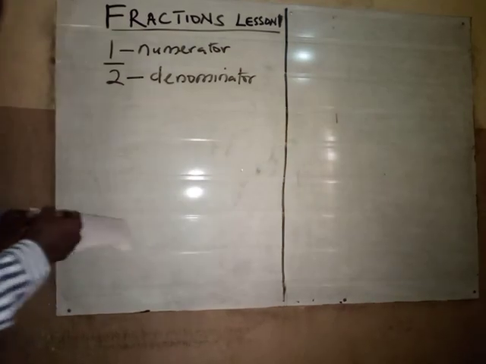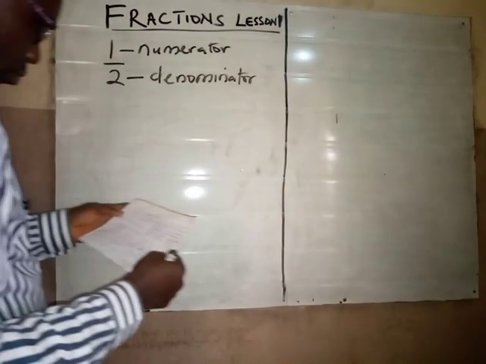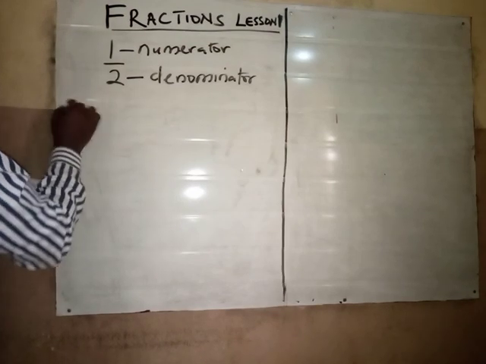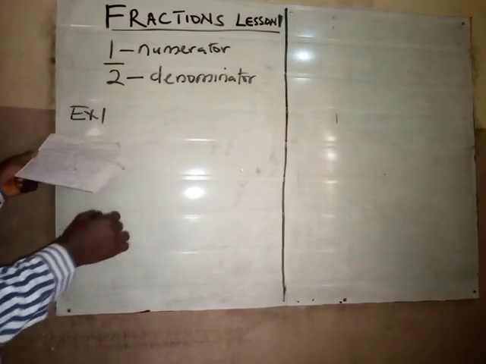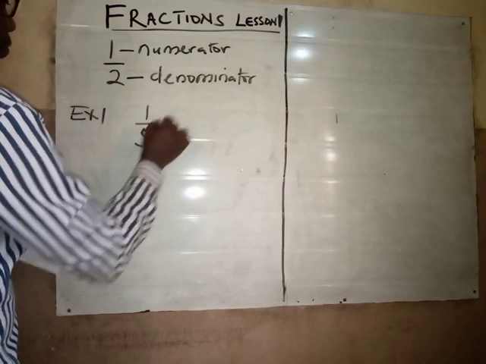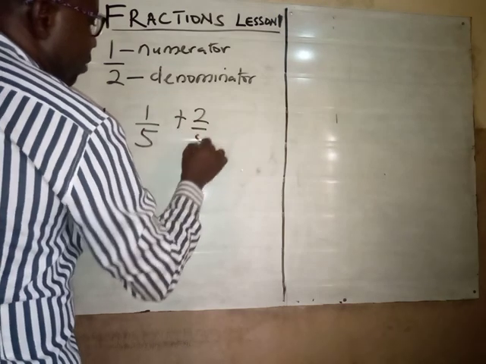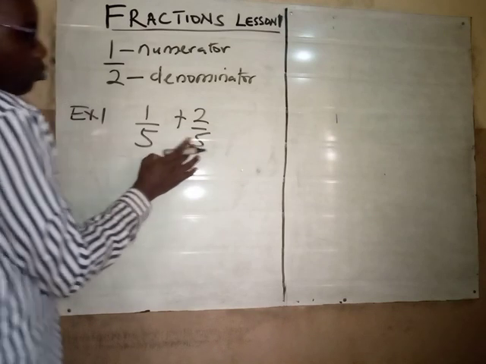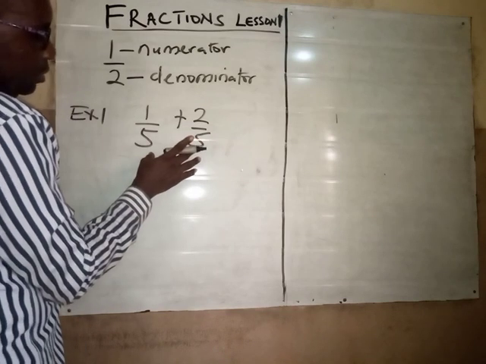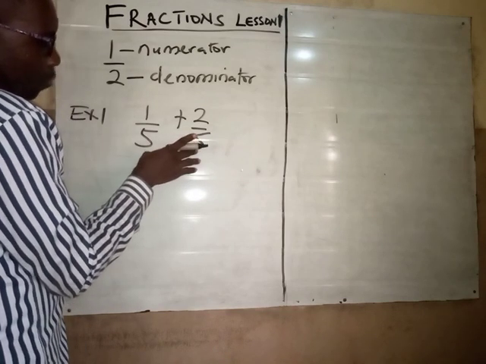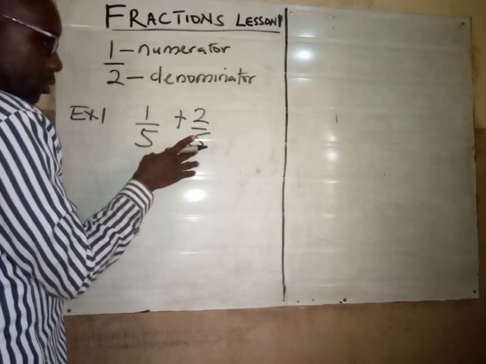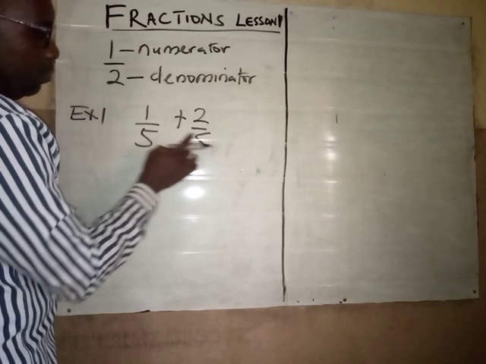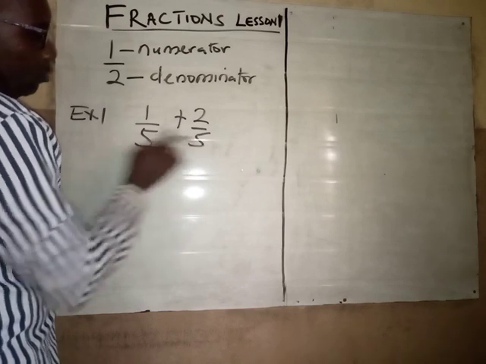So let us have a question about fractions. Example 1: if you have 1 over 5 plus 2 over 5, you look at the LCM of the denominators, a number of which both of them are a factor.